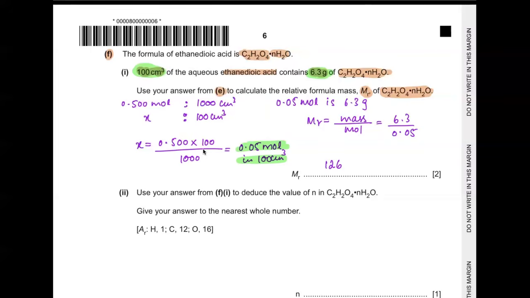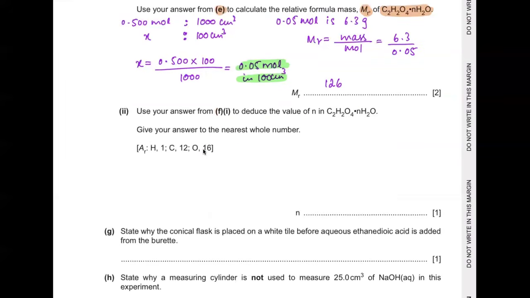Okay. Now, use your answer from F1 to deduce the value of n in C2H2O4.nH2O. Give your answer to the nearest whole number. So 126 is the MR of this whole thing. Can't I calculate the MR of just ethane dioic acid without water, that is C2H2O4?